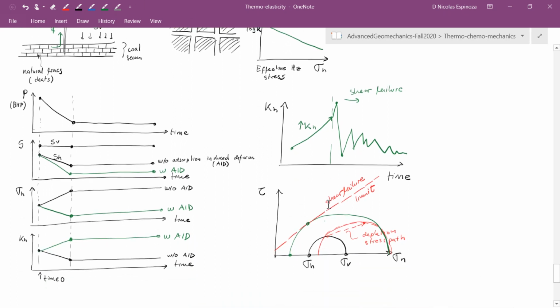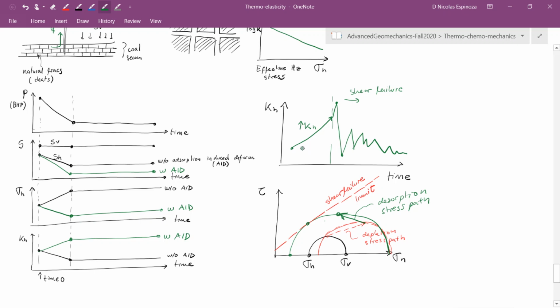So just to finish, let me clarify here that the Mohr circle, actually, let me do this for the depletion. This is going to be now the component of the desorption stress path that causes the Mohr circle to increase in diameter. And let me just clarify a few things over here just to complete this example.